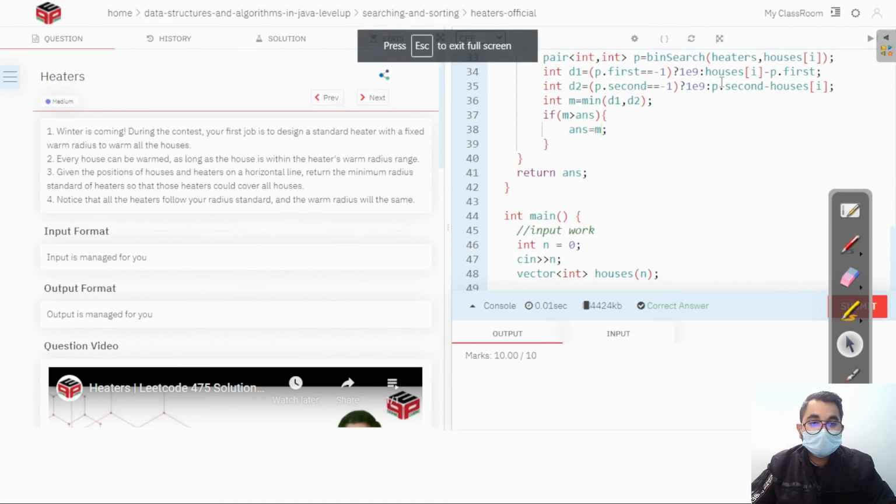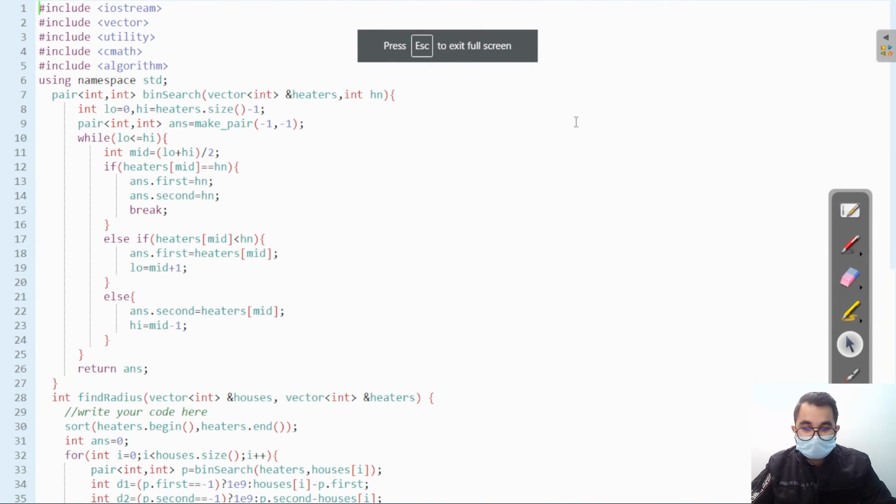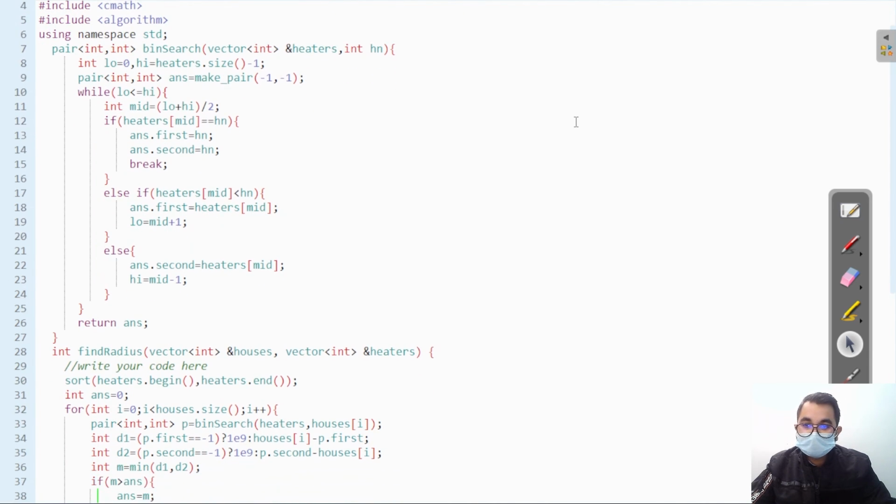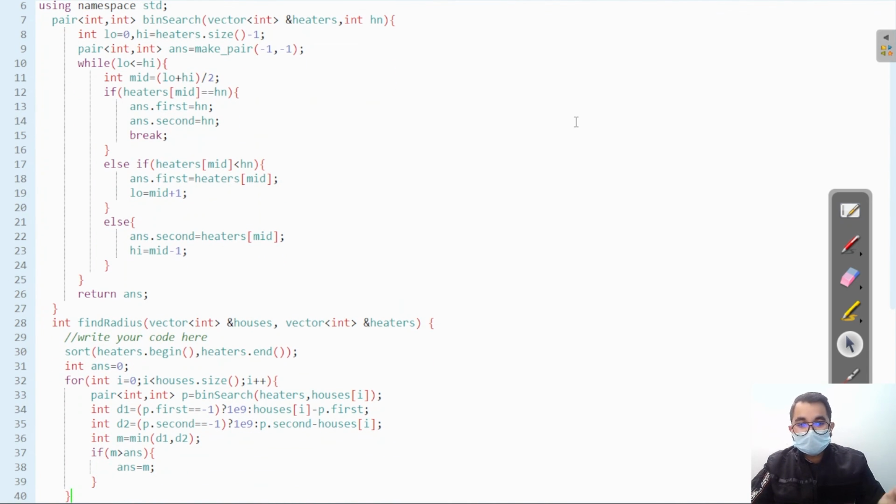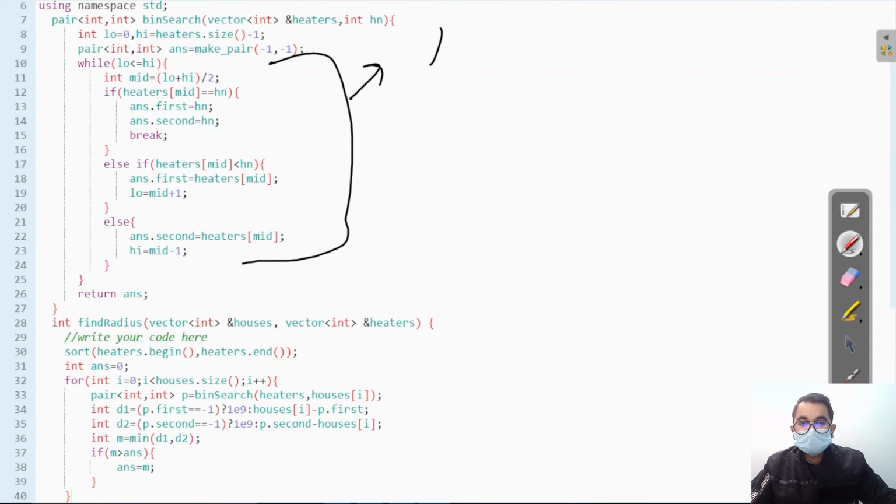Right. So let's talk about its time complexity. Now here's the code. This is the code for binary search. How much time will it take? It will take log n time, or in this case log m, because the number of heaters is m.